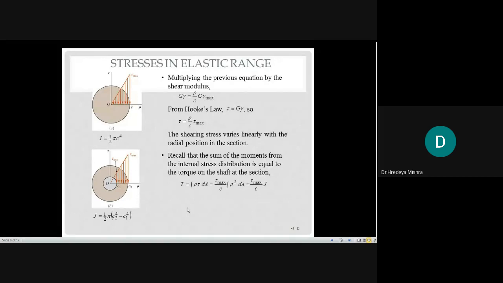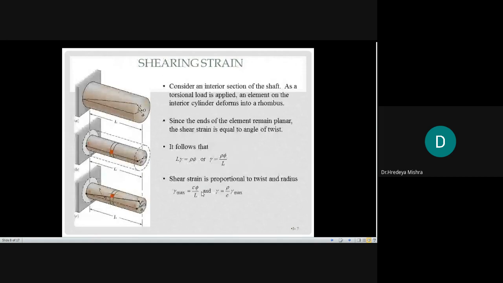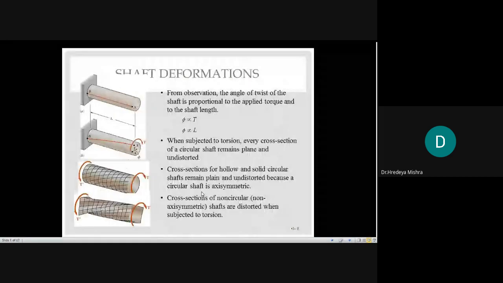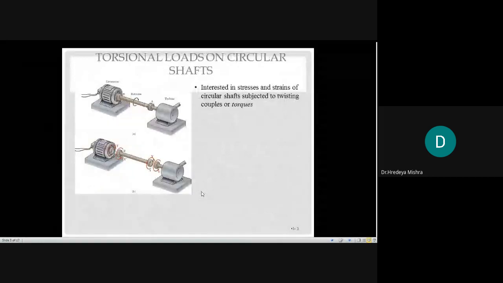Recall that the sum of the moments from the internal stress distribution is equal to the torque on the shaft at the section. We know this formula because we went through it in the previous slide.